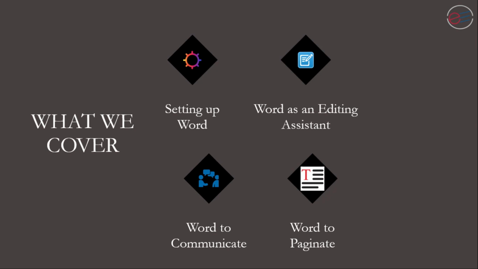Third one is how Word can be used to communicate with reviewers and authors in the Word environment itself without going outside of it. And finally, how Word can play the role of a paginator like a TeX engine. Probably their outputs almost always are comparable, but Word can serve most of our requirements well.